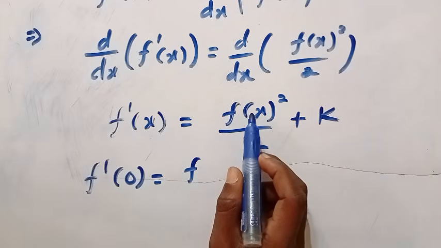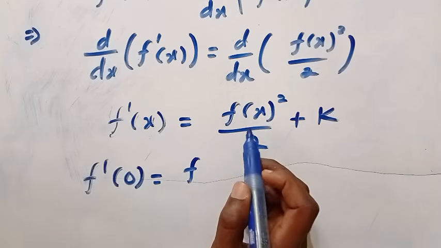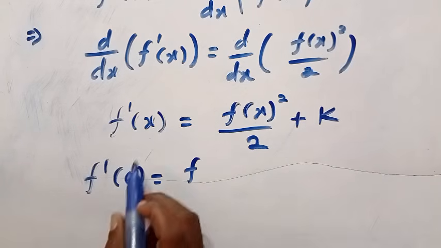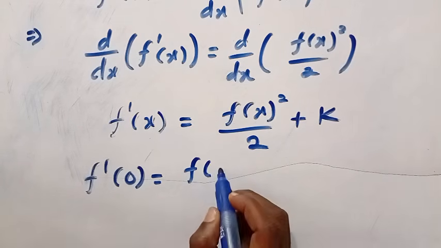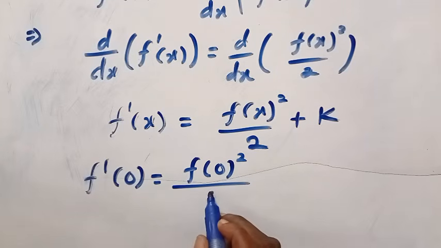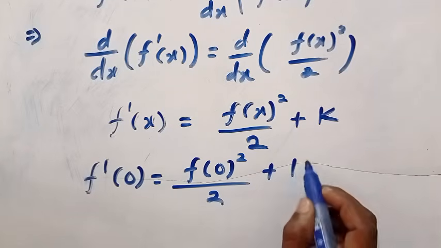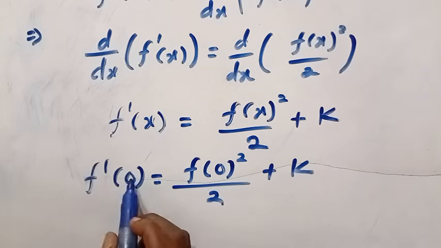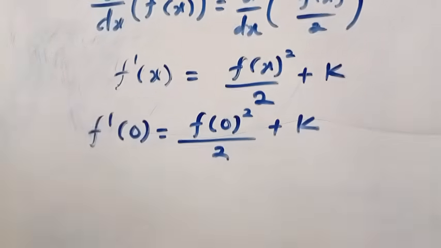So everything here must equal 1 divided by 2, since we are changing only x to 0. We have 0 raised to the power 2 divided by 2 plus k. f of 0 is given as 0 and f prime of 0 is given as 1 divided by 2.